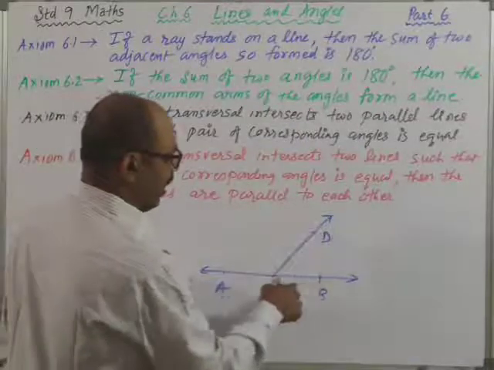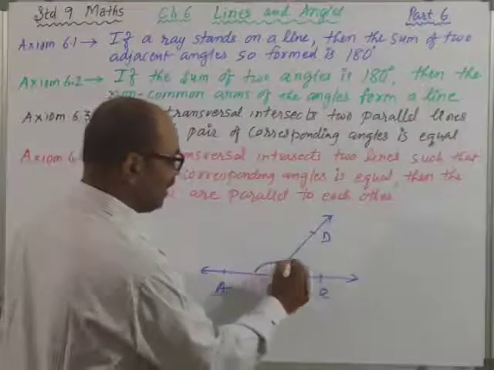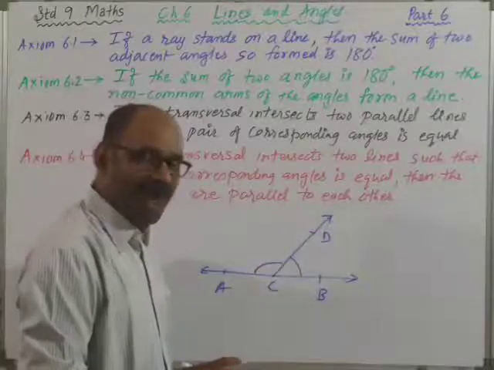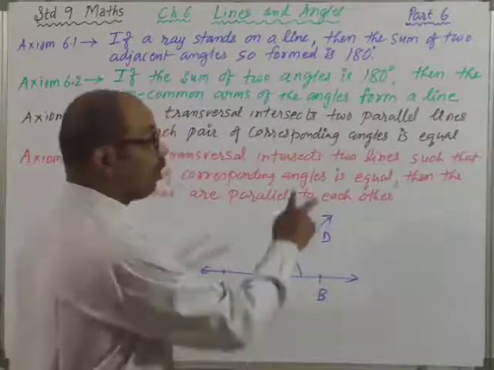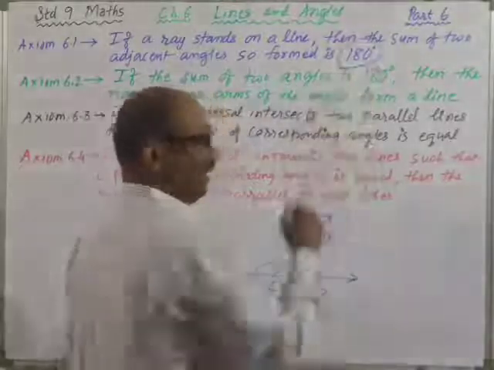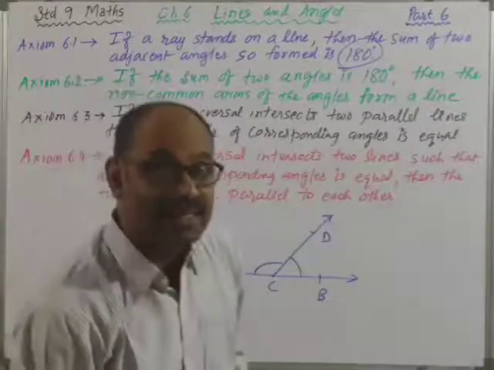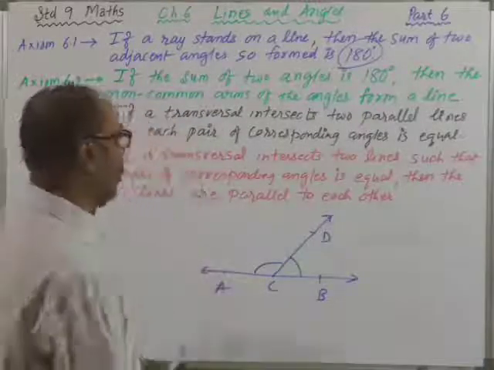Angle ACD and angle BCD are adjacent angles because they have one arm common. Their total measure is 180. So that is Axiom 6.1.